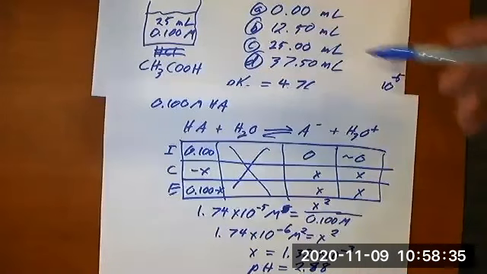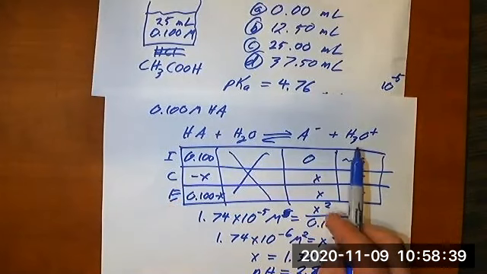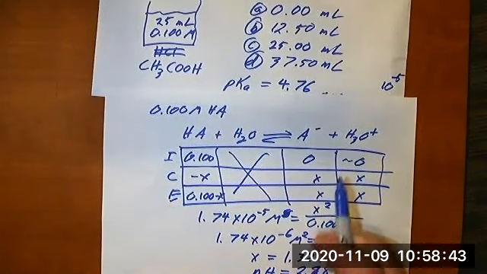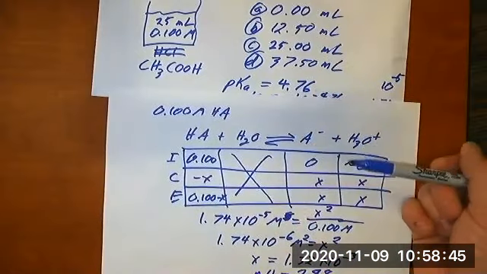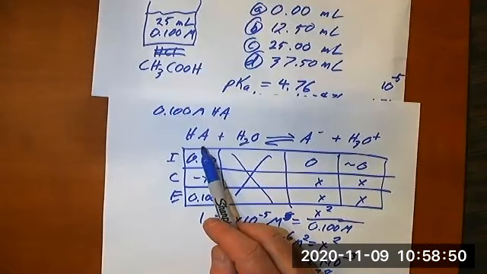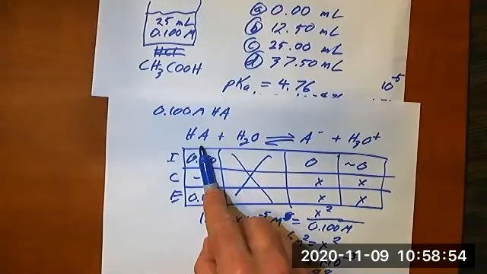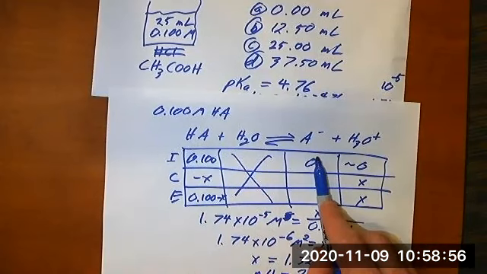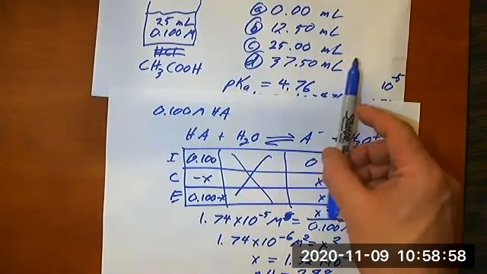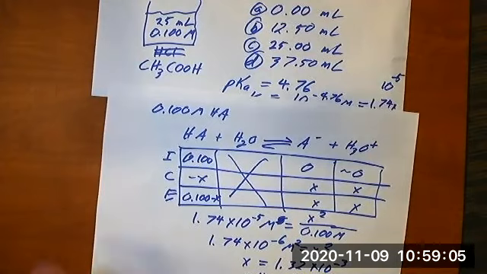Now, if we look at this reaction right here, and we add to it half as much sodium hydroxide as the acetic acid, then that's the same thing as having equal amounts of HA and A minus, because the hydroxide is pulling off the proton from half of these. So we are going to be in the buffer region when we do this.